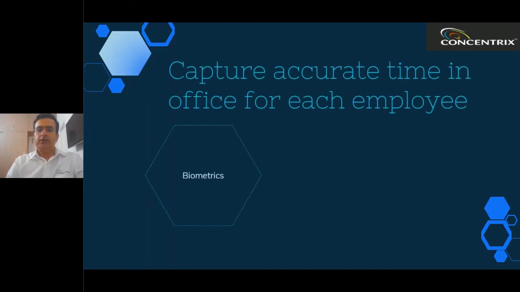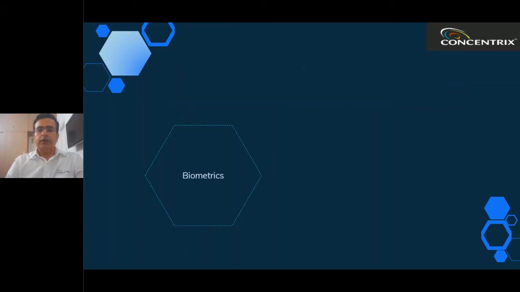The first thing we wanted to do was, when people come into office, we capture their accurate time in office. And when they were leaving office, we wanted to capture their time at that point. So we get to know what time they are in office. We also then integrated this with the desktop logins. When you go to your desktop and try to log in, you have to swipe your finger to log in.